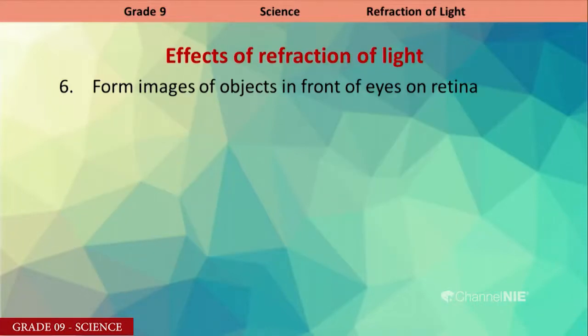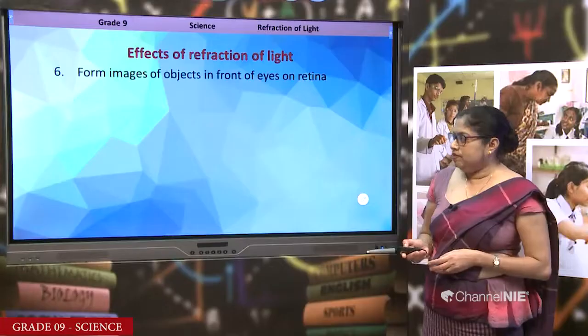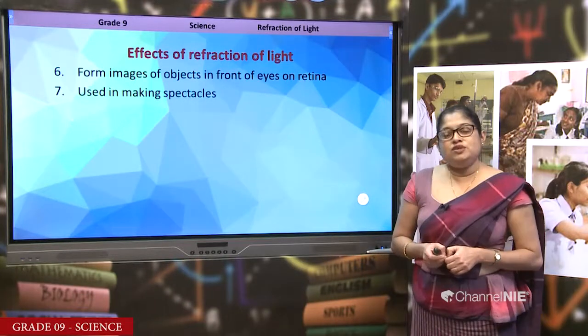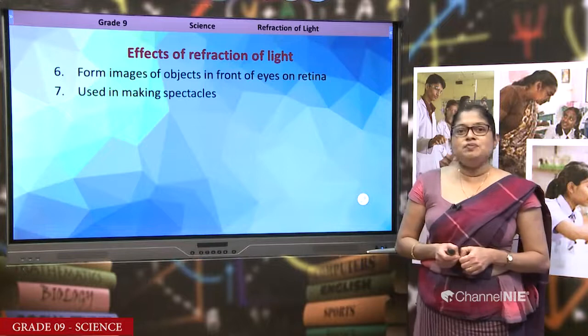Let us see some more effects of refraction of light. To form images of objects in front of eyes, refraction of light is important. And refraction of light is also used in making spectacles.